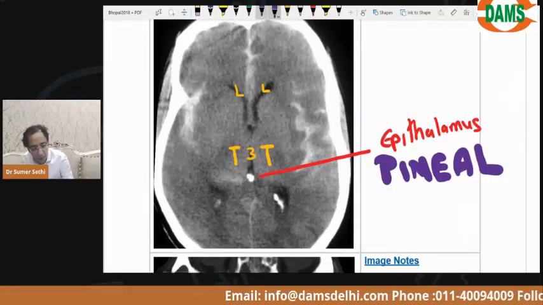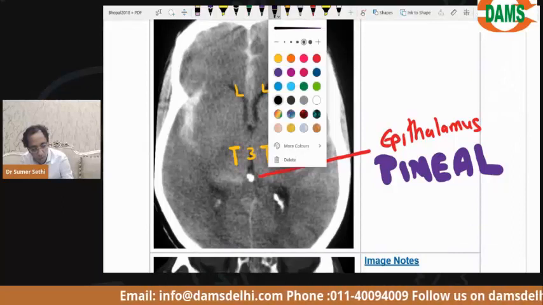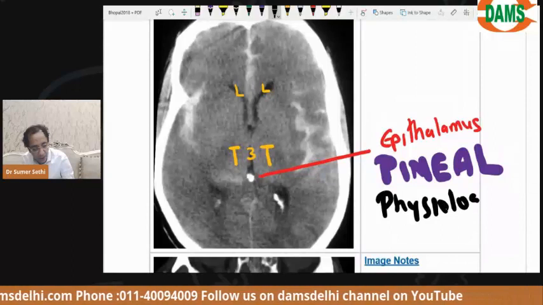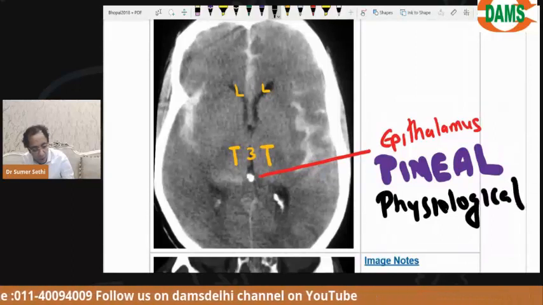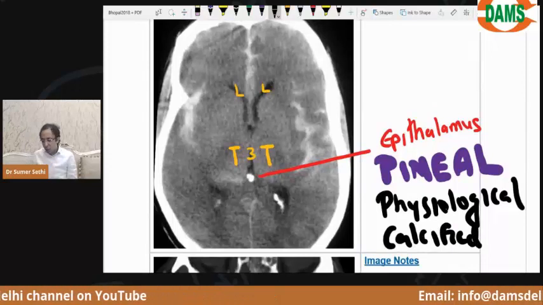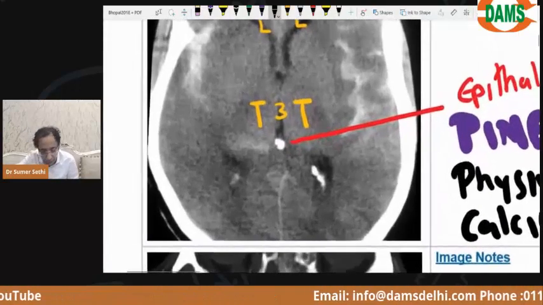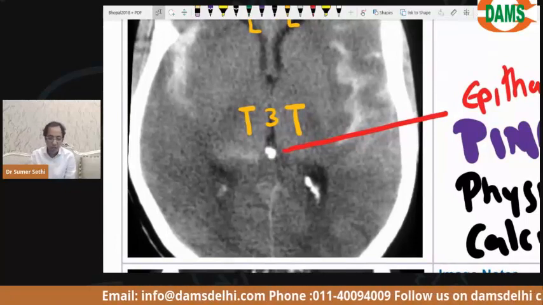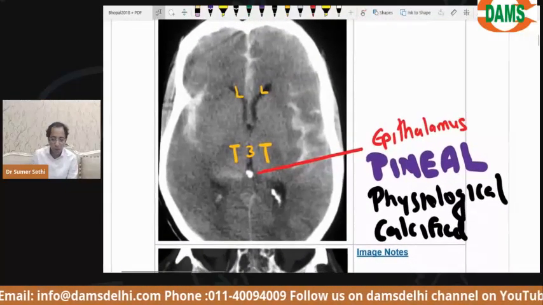And pineal is known to show physiological calcification. This is not the disease. This is a normally calcified pineal gland that you see here.